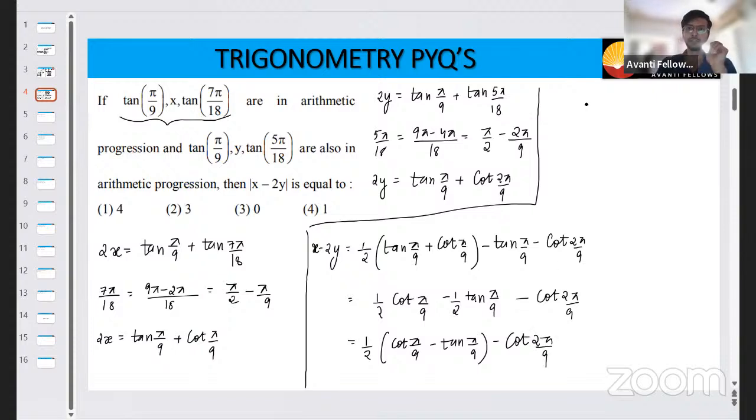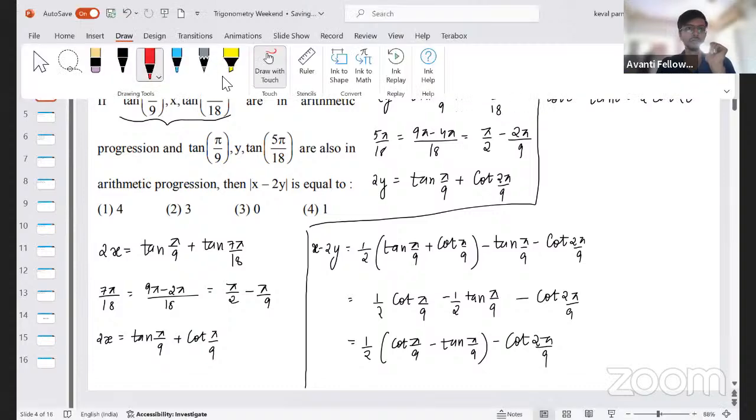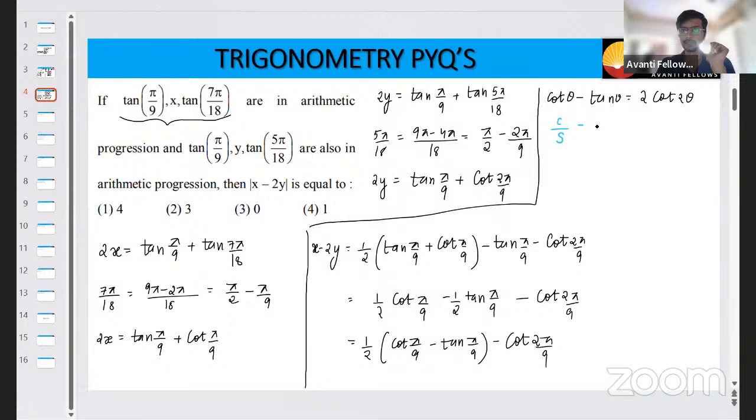Now, I hope you know cot theta minus tan theta is 2 cot 2 theta, right? You can solve it by yourself, or let me show you. Cot theta I can write as cos upon sine minus sine upon cos. This will be cos square minus sine square upon sine cos.